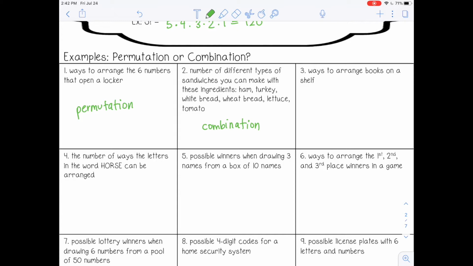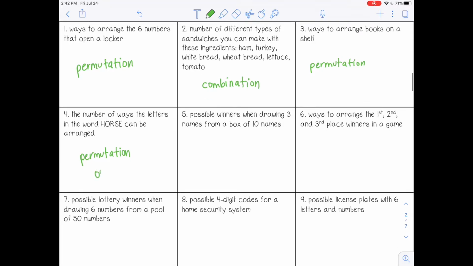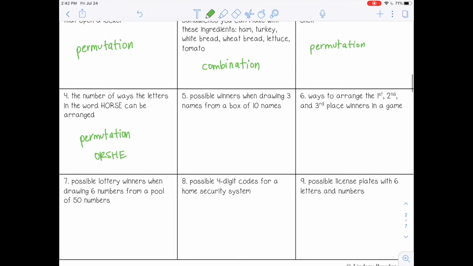Number 3, the ways to arrange books on a shelf. That would be a permutation. Number 4, the number of ways the letters in the word horse can be arranged. That would be a permutation. The order matters. For example, if I wrote the letters like this, that's different than if I wrote the letters like this.